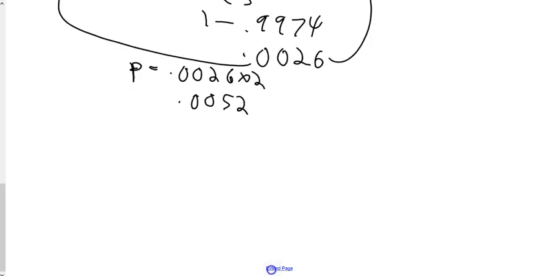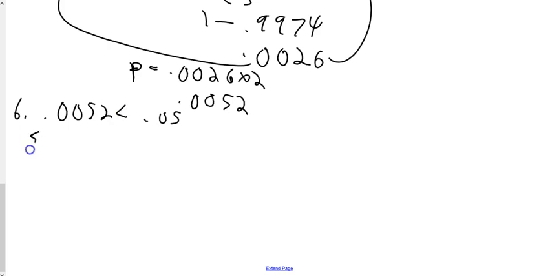And now we're ready for number 6, the last step, everybody's favorite, the dissertation. We have 0.0052, my p-value, and we have 0.05, which is my alpha. It's less than. Okay? So now we start our dissertation.